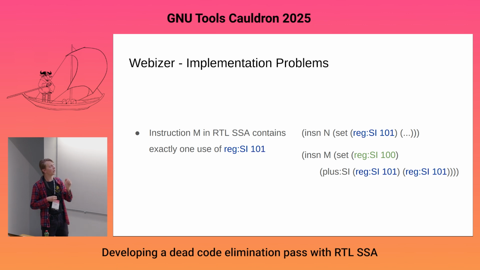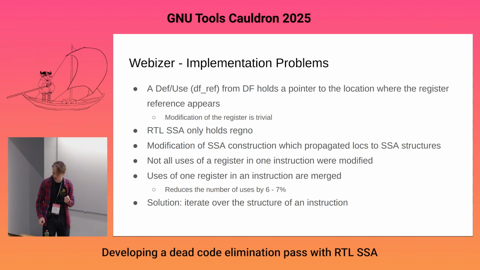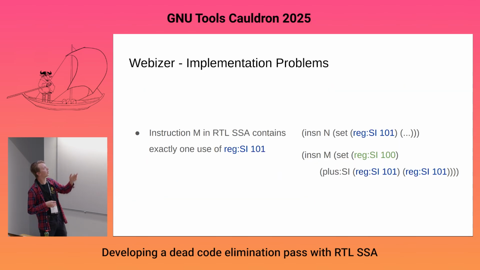So we cannot keep that location, and the correct solution is to iterate over the structure of the instruction and look, for example, for the register 101 and replace all these occurrences.